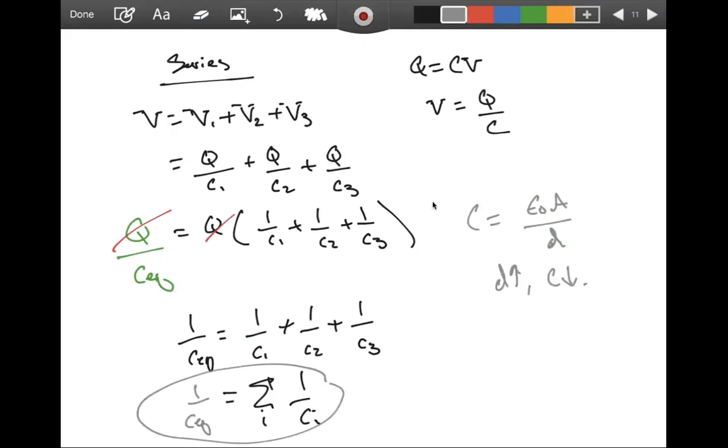So if I add numbers together inversely, it decreases the capacitance. If I wanted a lower capacitance than any of the capacitors I have, I have to add them all together in series to decrease the overall capacitance.